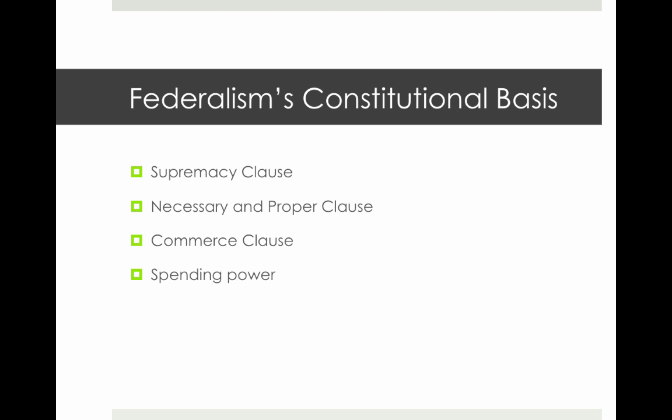And with the condition of accepting funds, they are able to set new policies and uniformly set policies from state to state. So the most famous of these is requiring states to raise their drinking age to 21 if they did not have a drinking age of 21 in order to receive certain federal funds.